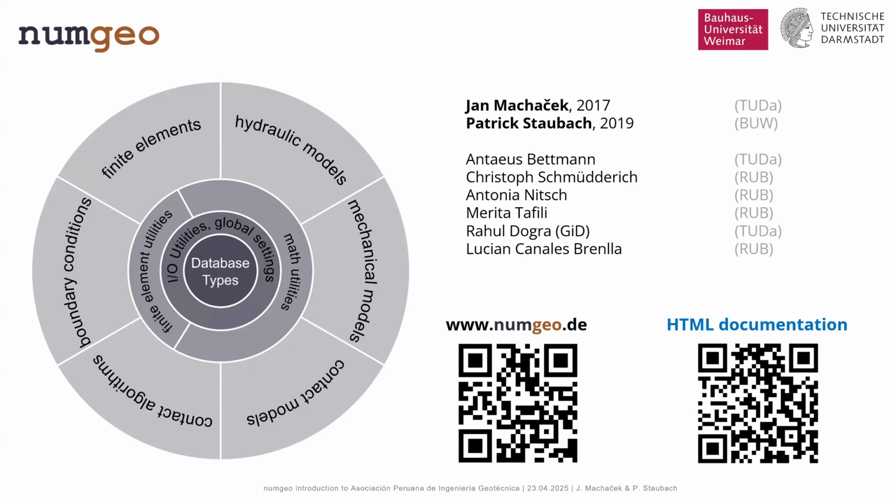During the time, especially when our positions changed, now we're supervising PhD students. So there are a lot of people contributing now beside the two of us to NUMGEO, which are also listed here from different universities. So currently there are 3 universities working on NUMGEO, which is in Darmstadt, in Weimar, and in Bochum. So all 3 universities are located in Germany.